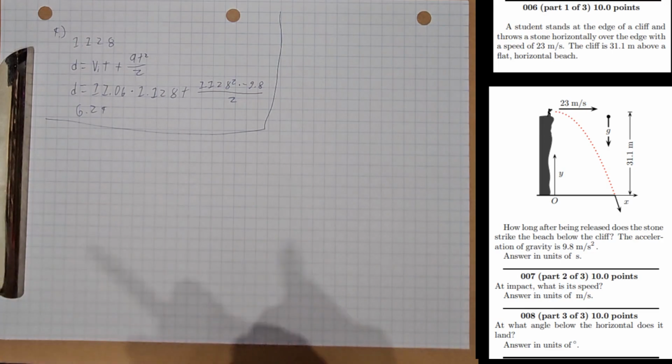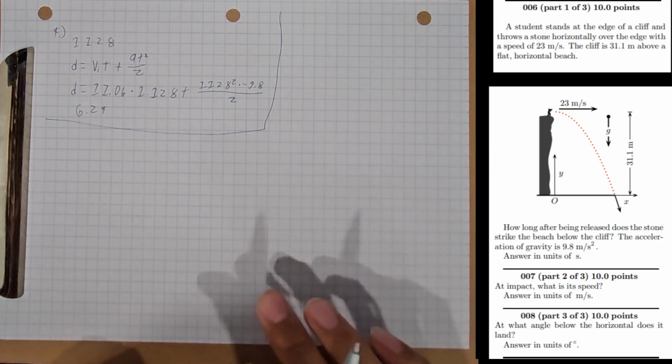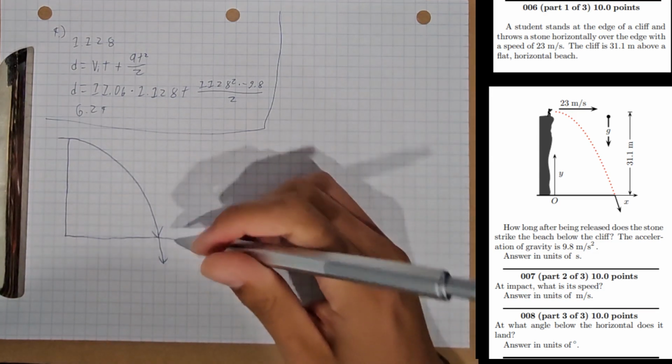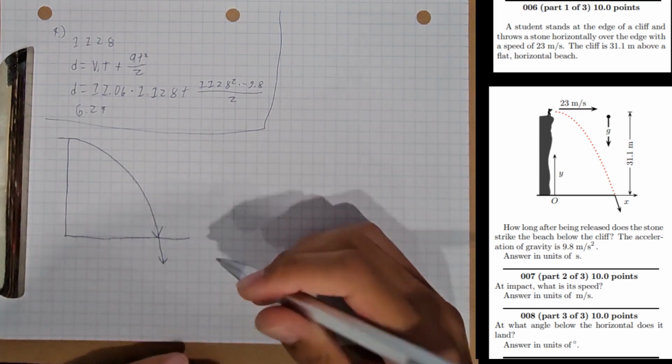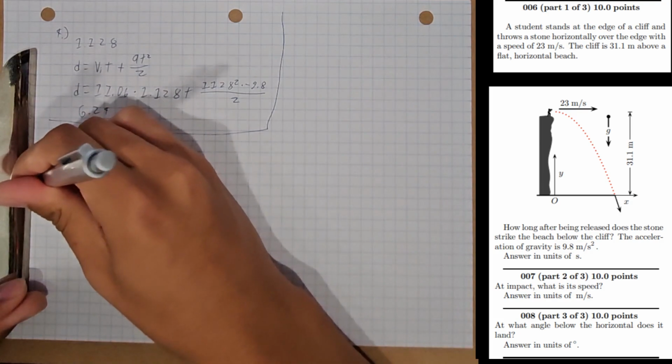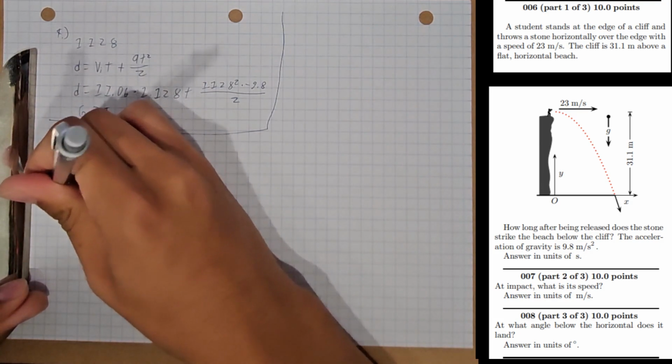Okay, question 6. Student stands at the edge of a cliff. So part 1, so this is the curve of the projectile approximately, and it's asking for the time it'll take to fall. So here, this is 31.1 meters.